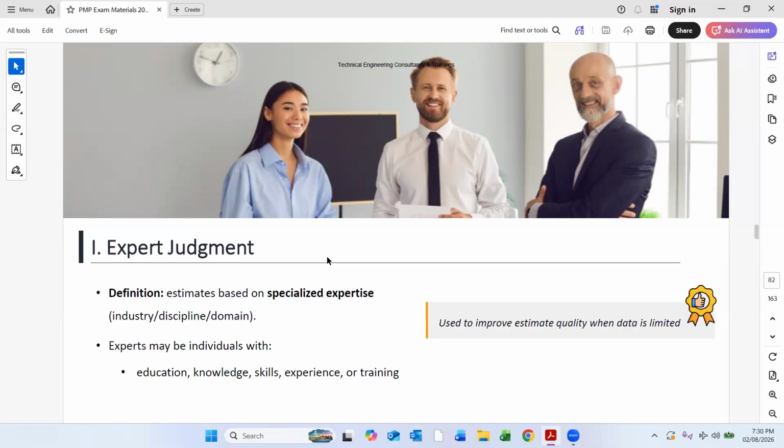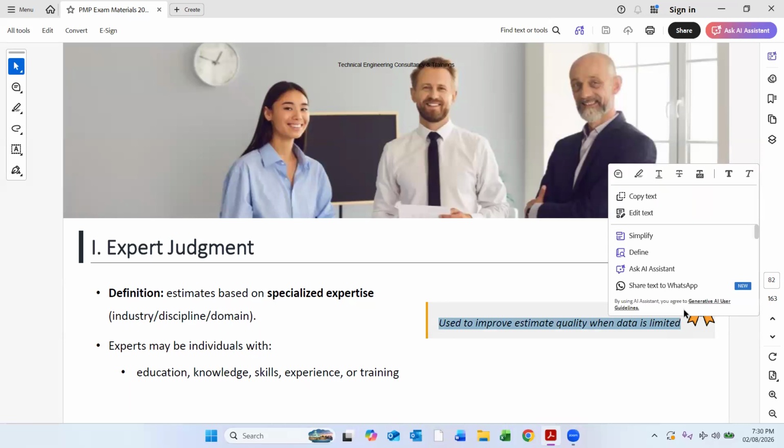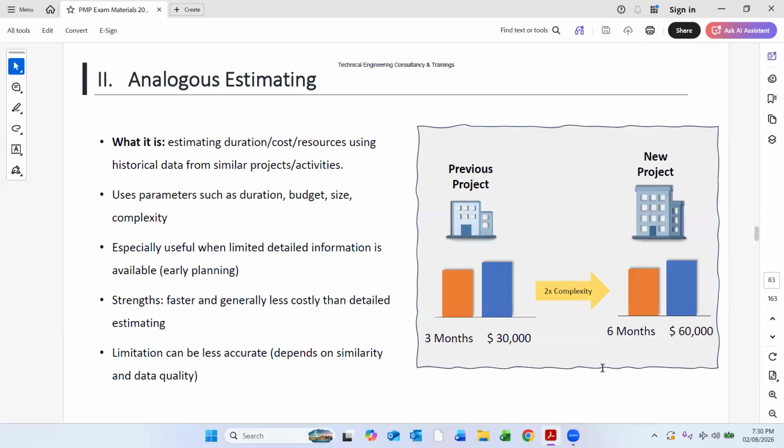They have the required qualifications and experience, so they can give us an expert judgment. It is used to improve estimate quality when data is limited. So when we have limited data, we can get advice from the experts, and this will enhance our quality.